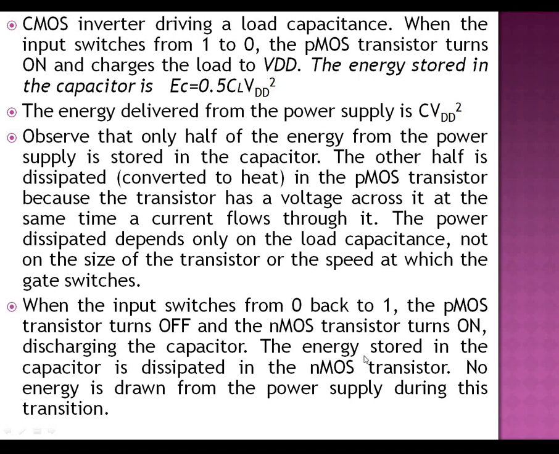When the output switches from 1 to 0, the PMOS transistor turns off, NMOS is on, discharging the capacitor. In the other way, when it switches from 0 to 1, the capacitor will charge. The energy stored in the capacitor is dissipated in the NMOS transistor. No energy is drawn from the supply during this transition.